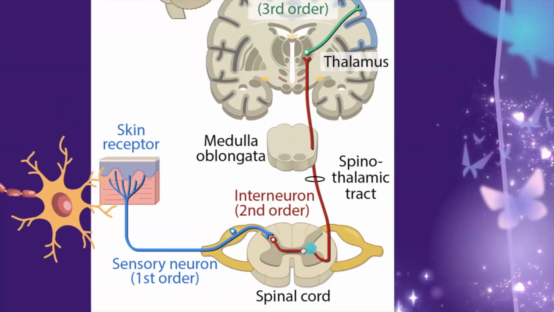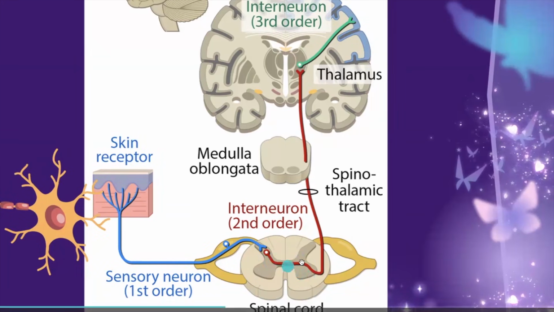These crossing fibers we call the anterior commissural fibers. Remember this, it's important later on in spinal lesions. So the fibers that cross at the level of the spinal cord, specifically the spinothalamic tract fibers, form the anterior commissural fibers.